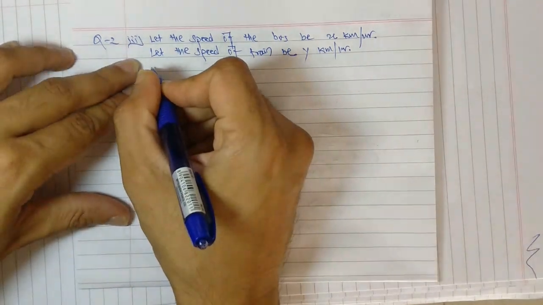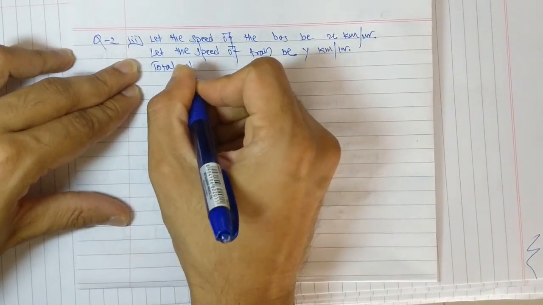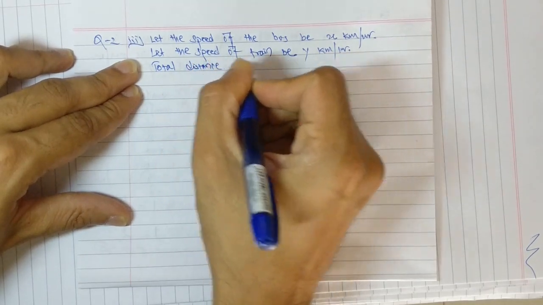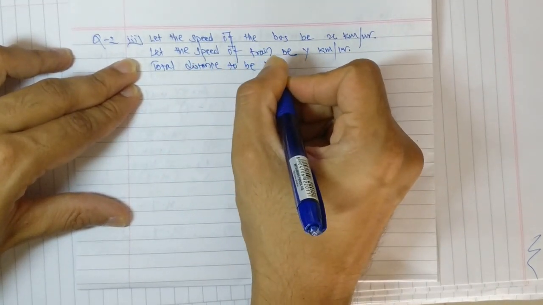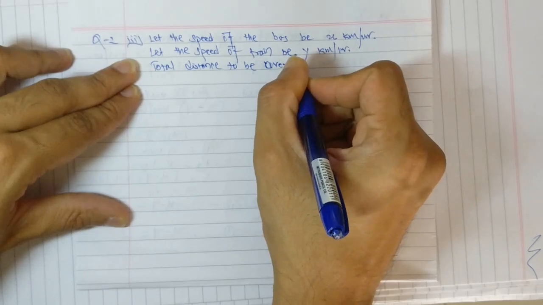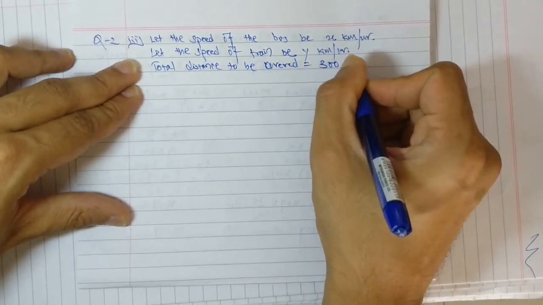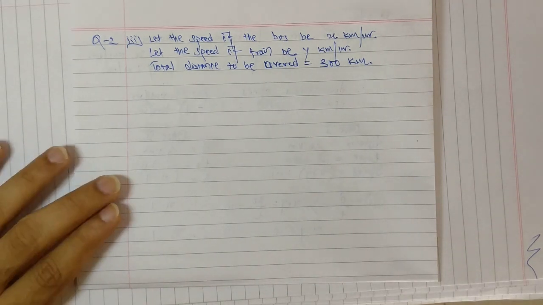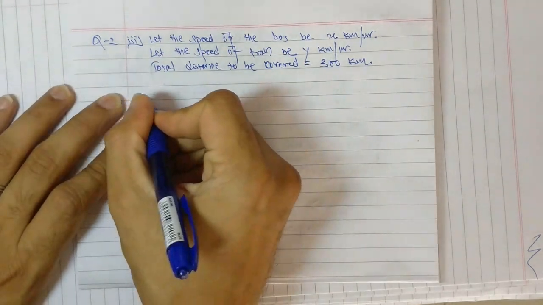Okay, now what is the first situation? The total distance is 300 km. Total distance to be covered is equal to 300 km. Okay, first case is she takes 4 hours if she travels 60 km by train and the remaining by bus. Okay, case 1.